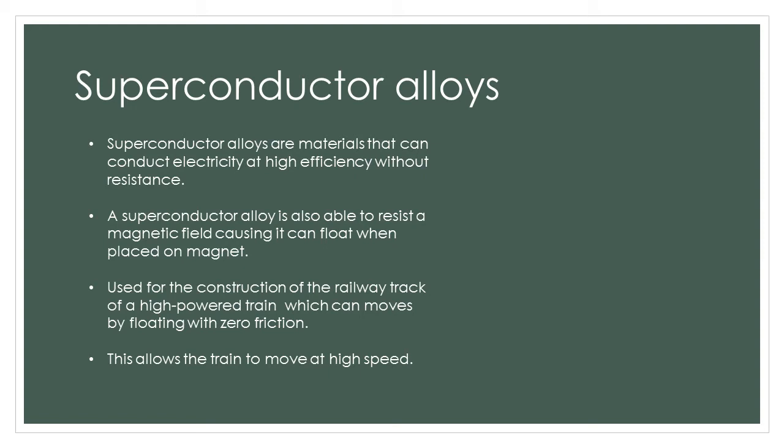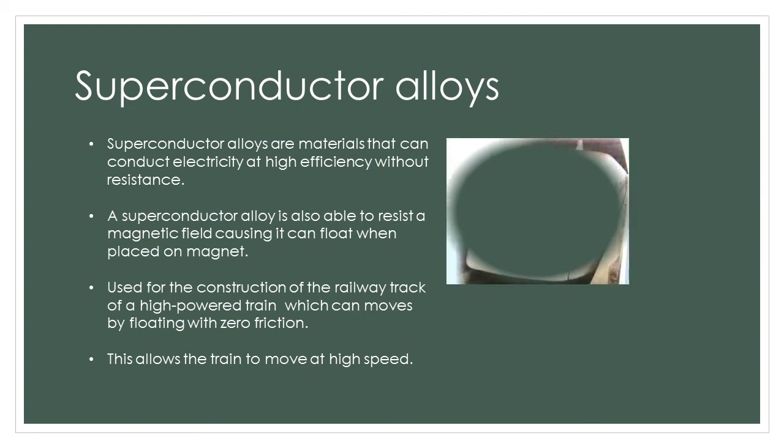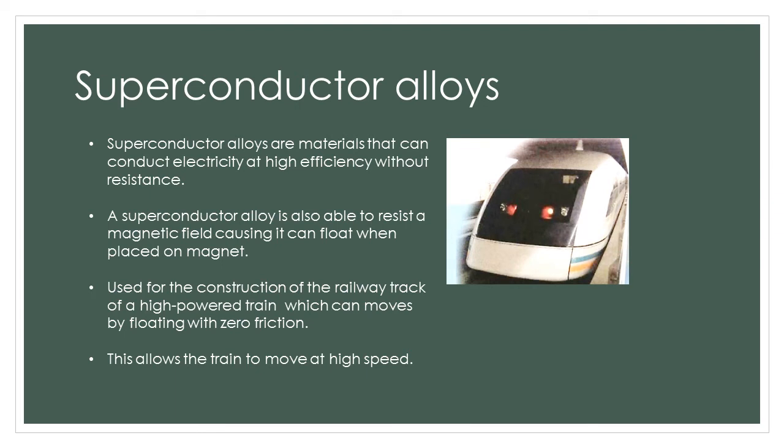When we put the superconductor, the wheel of the train will float on the track, so there is no friction at all. So it makes the train move at very high speed. This is the example of the high powered train that we call a bullet train.